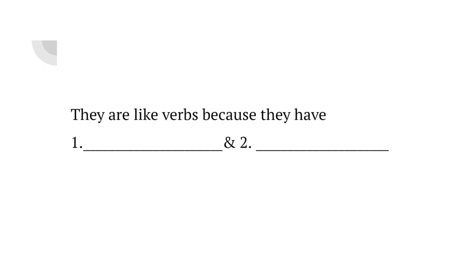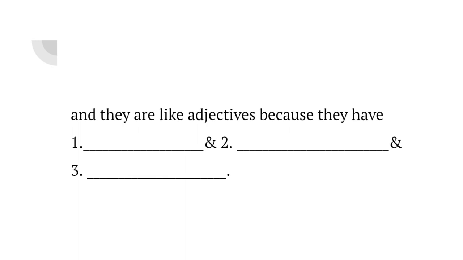They are like verbs because they have these two categories, tense and voice. Remember, we say T for tense, T for time. That shows when something's happening. And voice is either active or passive. Both qualities of tense and voice are also in all English verbs as well. All right.